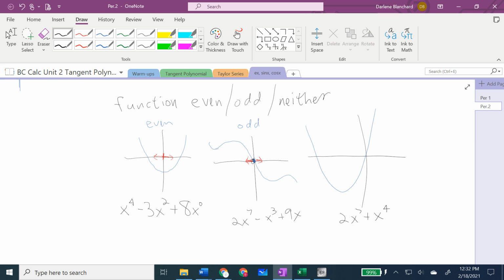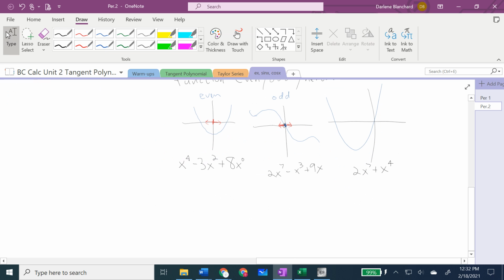And now I have one more question for you. What does sine look like when you graph it? What is the graph of sine? Sine goes through the origin. And if I go backward, there we go.